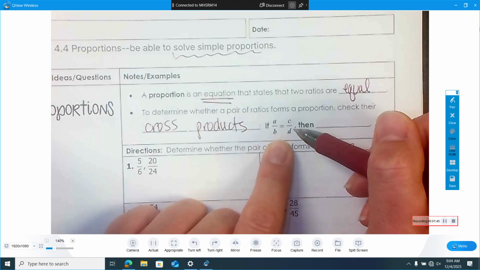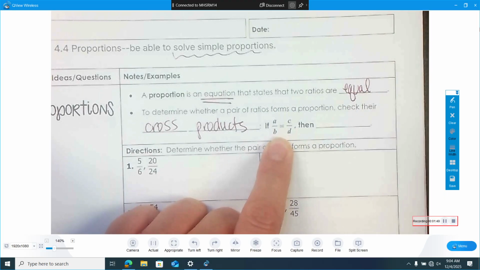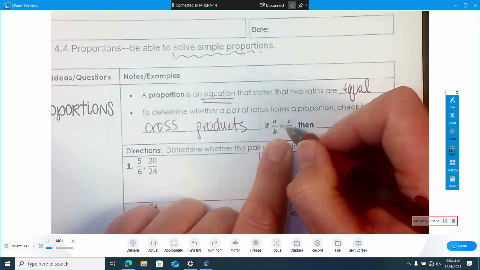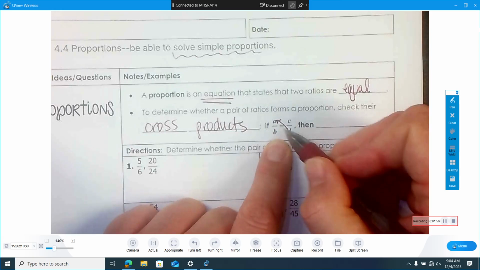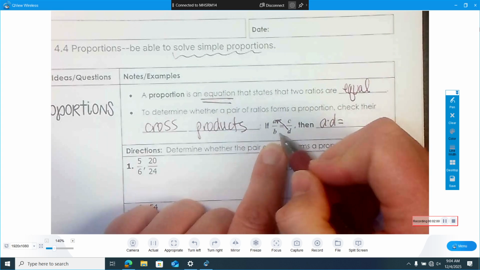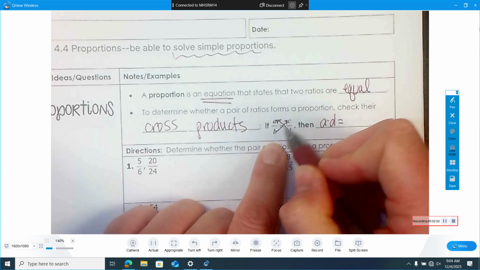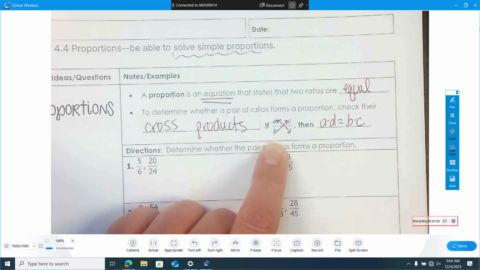What we're going to do is what's called cross multiplying. We're going to multiply A times D and set it equal to B times C. We cross multiply, so we create this little X.